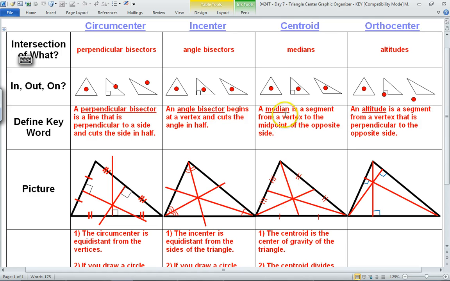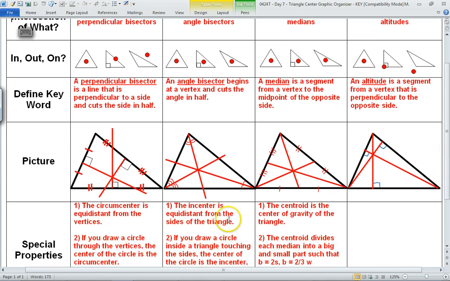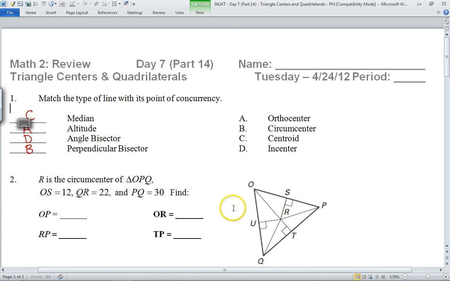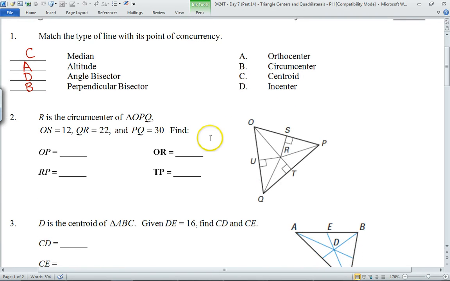A median is a segment from the vertex to the midpoint. You should know it either in words or in picture form, and you should be able to connect it all back to centroid. All of these things go together. You have to basically memorize this paper and these properties down here, which we'll get to in a second. So far so good. Easy part's over.